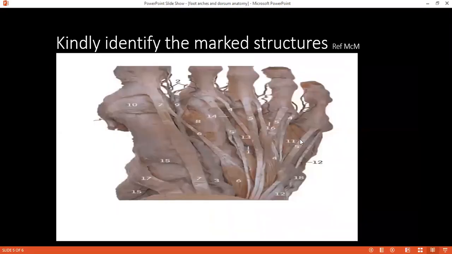Okay. Can you please tell me what are you looking at? It's a gross specimen of dorsum of the right foot. Very good. Okay. Can you tell me about the arteries of the foot?